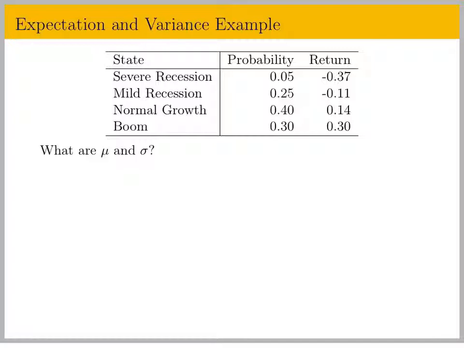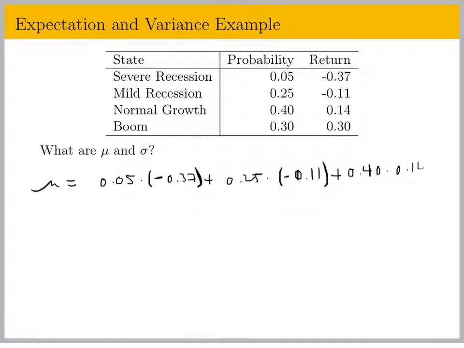So mu is equal to 0.05 times negative 0.37 plus the probability of a mild recession, which is 0.25, times negative 0.11 return, plus the probability of normal growth, times the return in the normal growth state, plus the probability of a boom, times the return in the boom state.